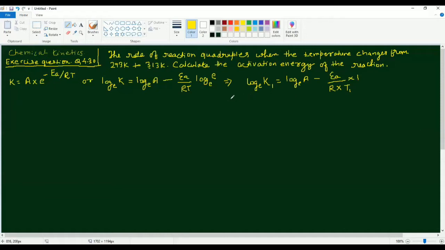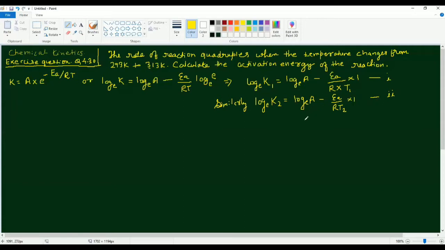Similarly, log e K2 will be equal to log e A minus EA by R T2 into 1. Let this be equation 1. Let this be equation 2.